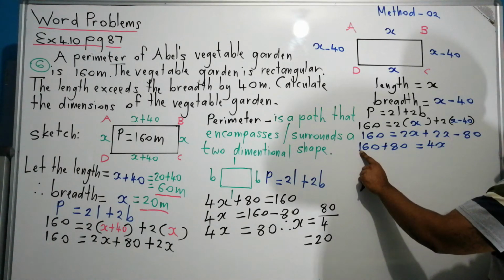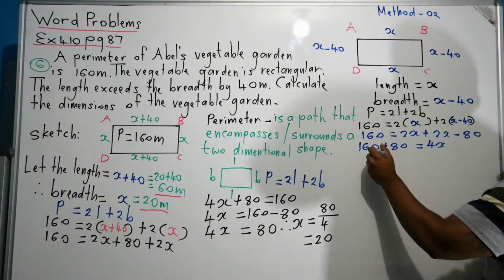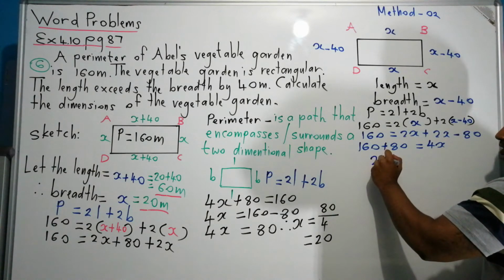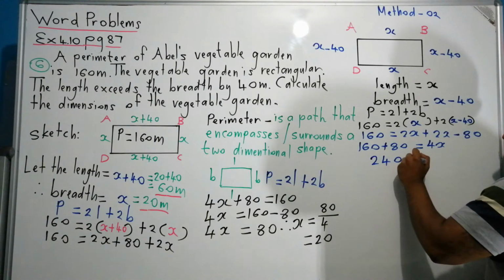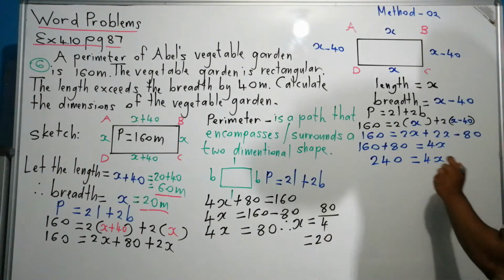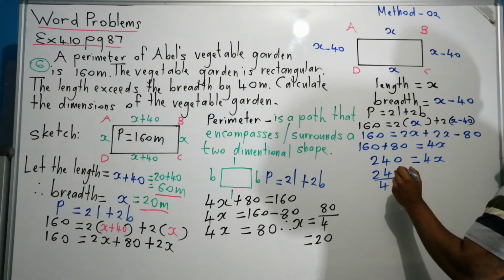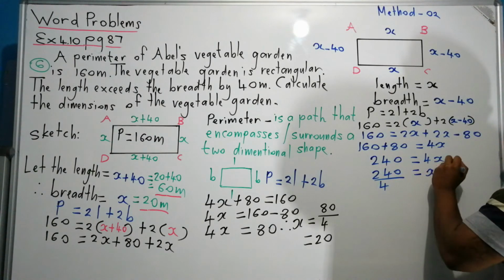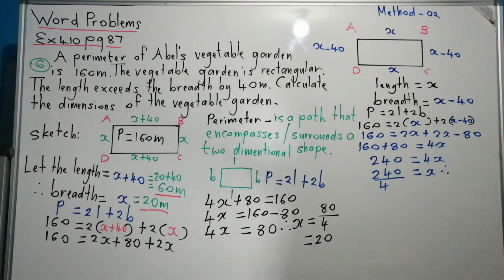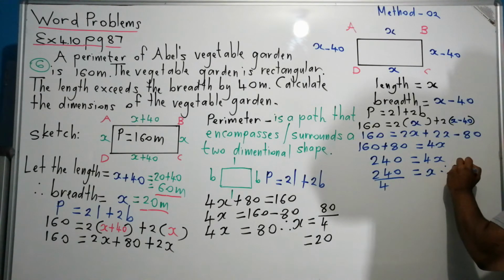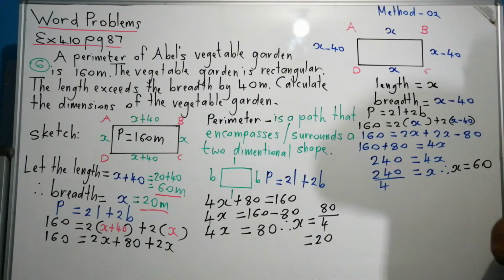So then 160 plus 80, which is 240, is equal to 4x. So therefore 240 divided by 4 is equal to x. So x is equal to 60.